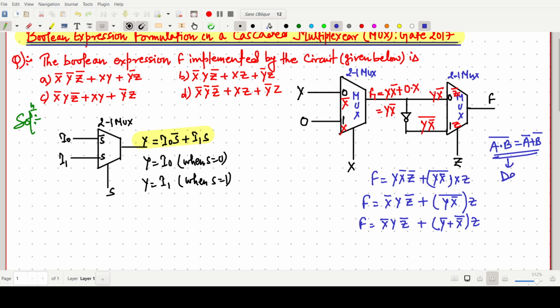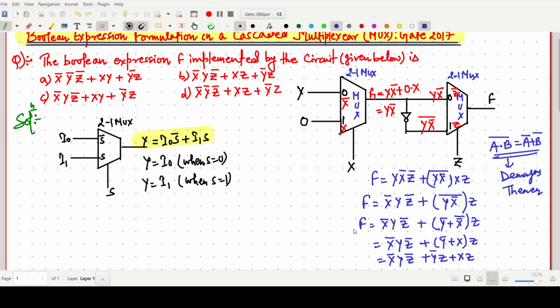So we can write this as x bar y z bar plus y bar plus x, since x bar bar is x, into z. So it is x bar y z bar plus y bar z plus x z.